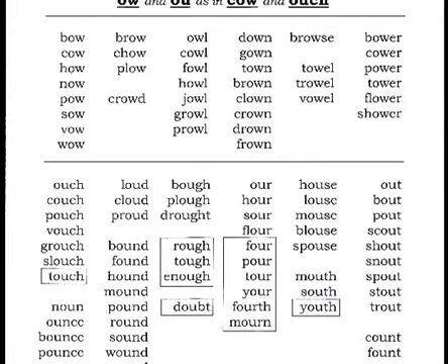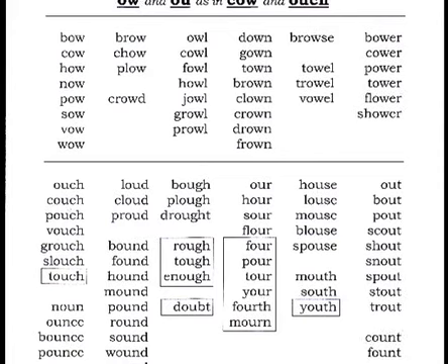And you find it in such words as bow. Now, B-O-W is pronounced bow, but B-O-W is also pronounced bow, as in bow tie, a bow tie. But bow is when you bow before a sovereign.